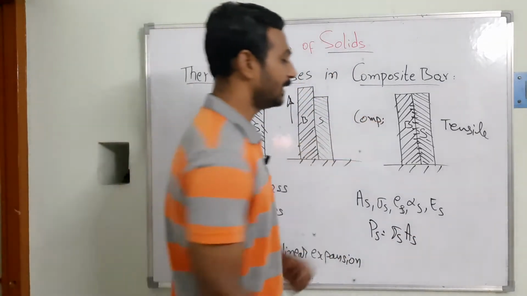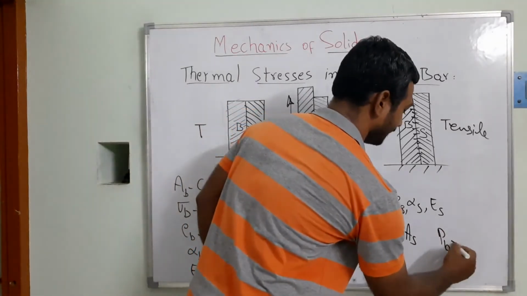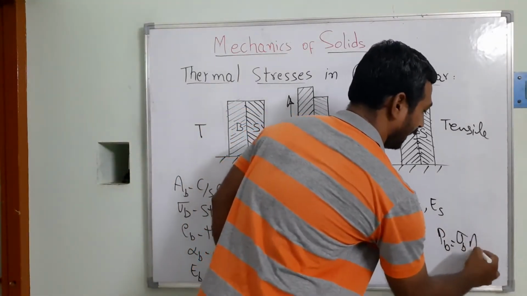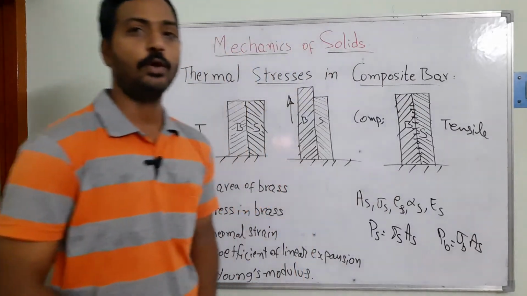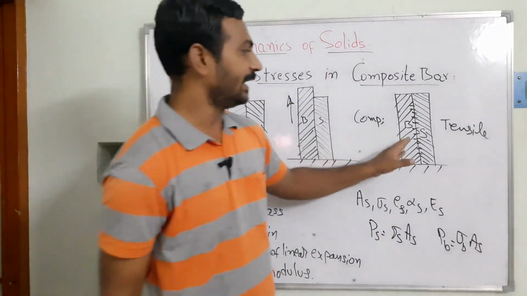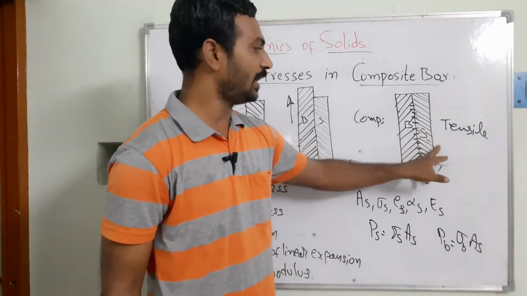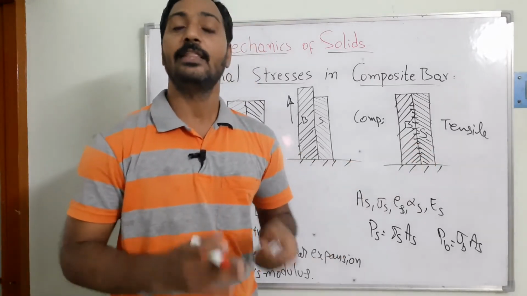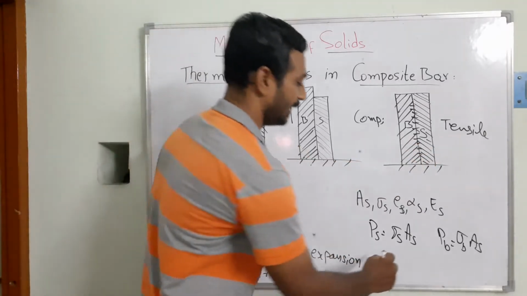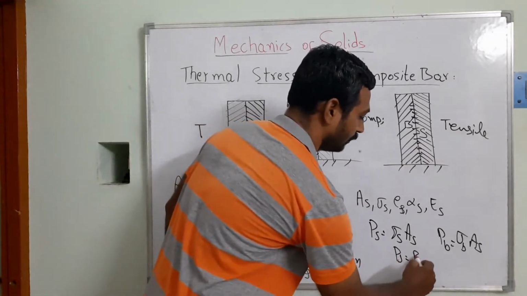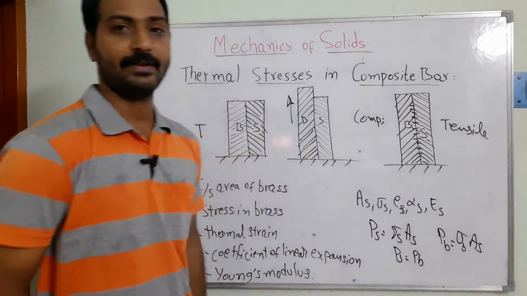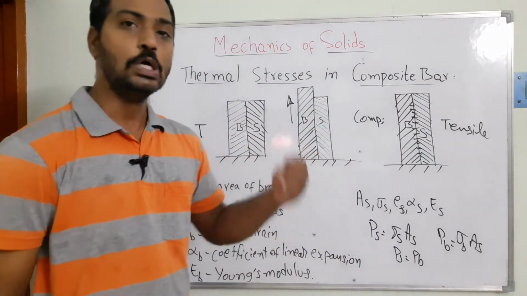Similarly, the brass material is also subjected to a load, PB equals sigma B into AB. We know the load acting on the steel and on the brass must be equal, then only is the equilibrium condition achieved. That is PS equals PB, the load on the brass is equal to the load on the steel.